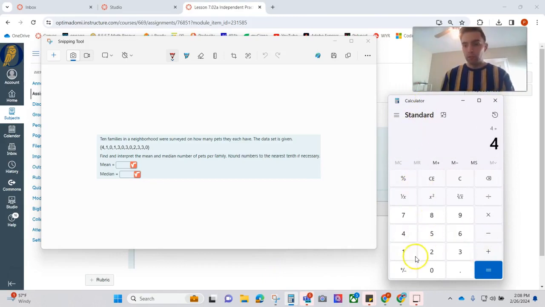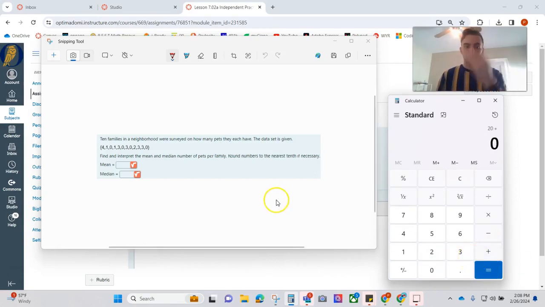So 4 plus 1 plus 0 plus 1 plus 3 plus 0 plus 3 plus 0 plus 2 plus 3 plus 3 plus 0. Now, I didn't have to push the plus zeros, but for my brain to keep track of where I was on the list, my brain needed to.